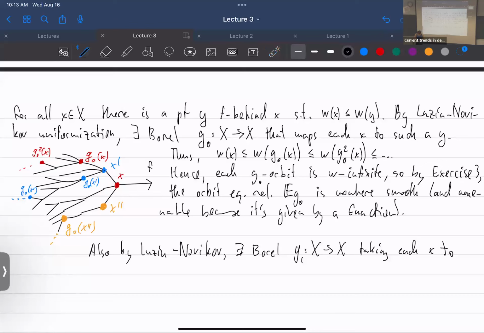Okay, so taking x to y in the f preimage of x, such that y and G0 of x go in different directions.